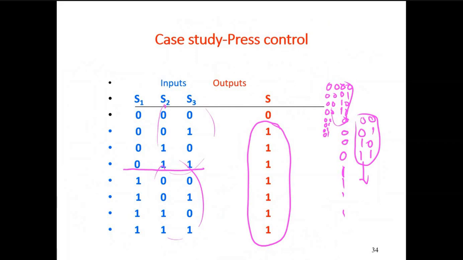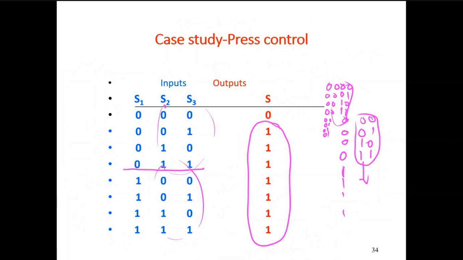So what should be the logic equation? S is an output that signifies the state of S1, S2, S3. S is true if row 2 or row 3 or row 4 or row 5 or row 6 or row 7 or row 8 is true. Pretty long equation. Can I do this?